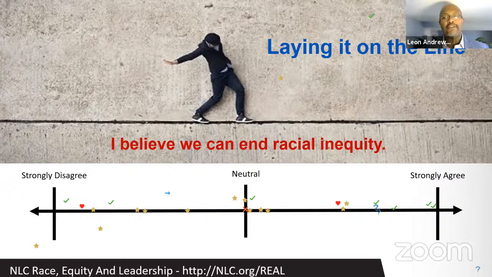But some people that feel more positive about that lean more towards strongly agree when they define the "we" in a much more controlled space. Like, what could we do in our city, in our town, in our neighborhood, in our church, or however you define that "we"? And so I appreciate the Vice Mayor acknowledging that, because that's really important as you start doing this work, how you define what the "we" is.